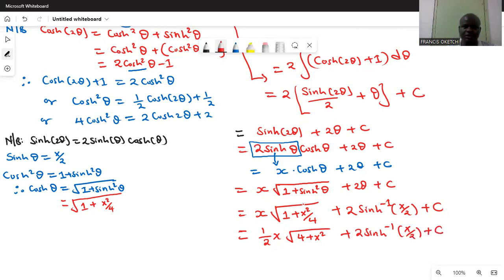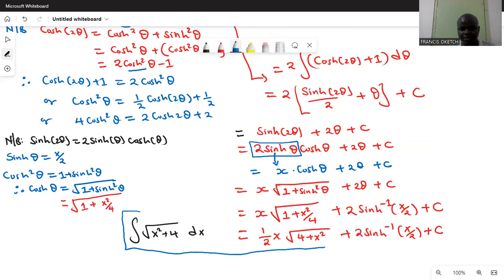So that means the integral, remember what you are integrating, the integral of the square root of x squared plus 4 dx. So our answer is 1 over 2x times root of 4 plus x squared plus 2 sine hyperbolic inverse of x over 2 plus c. C there is a constant of integration.